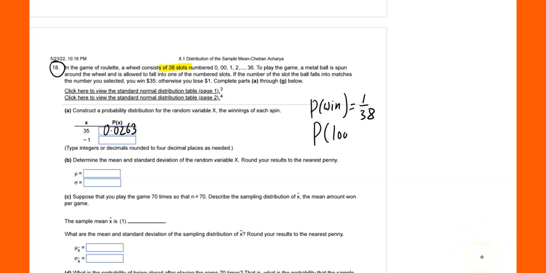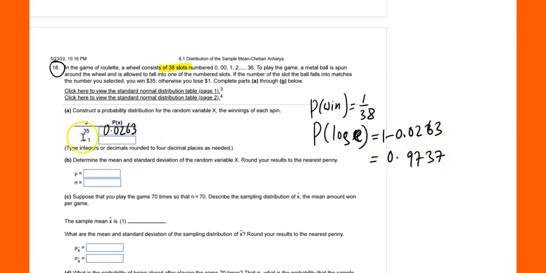And what is the probability you lose? The probability to lose is going to be 1 minus 0.0263. Okay, that's going to be 0.9737. Therefore, 0.9737 is the probability of losing, but if you lose, you lose $1.